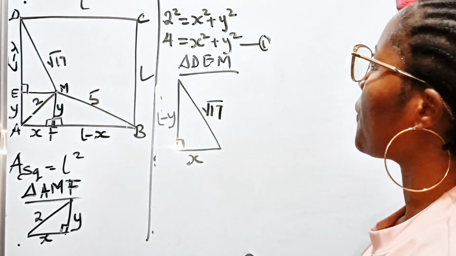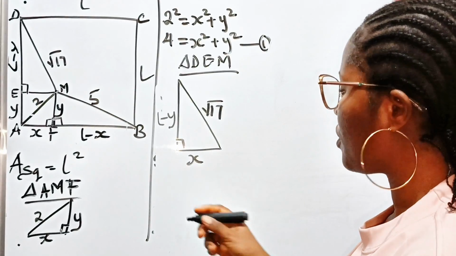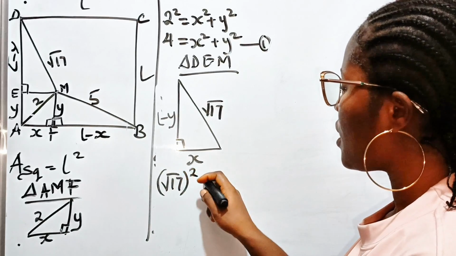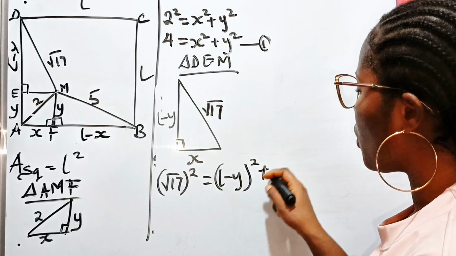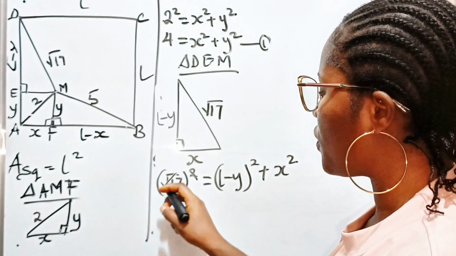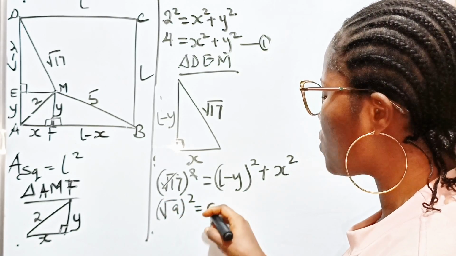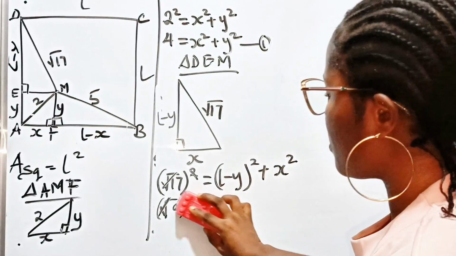Okay, now using Pythagorean theorem, we have that root 17 squared is equal to L minus Y squared plus X squared. So we remove the root because square root of A squared is equal to A.